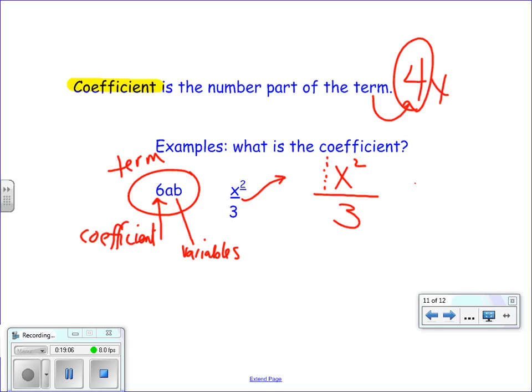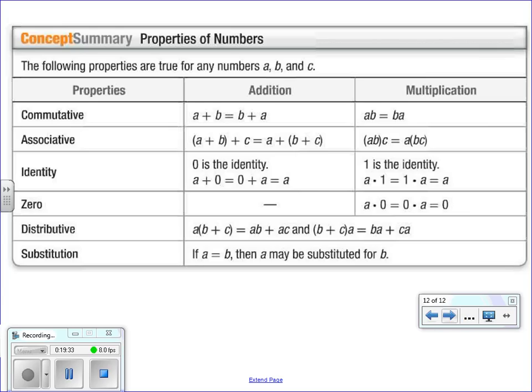What's the variable? The variable is x, or x squared actually. What's the coefficient? 1 over 3. The 1 over the 3. Tricky, huh? Just wanted to point that one out. You might have something like that in your homework tomorrow. I think that might be it. That is pretty much our last slide.